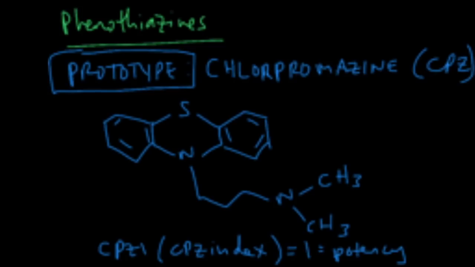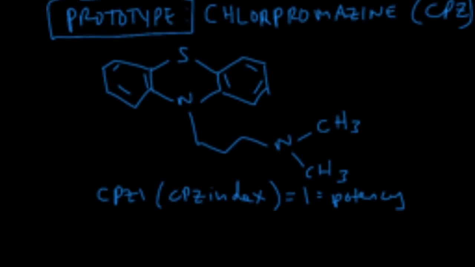So the CPZI, which is the chlorpromazine index, is a measure of relative potency of a drug compared to CPZ. So by default, CPZ, or chlorpromazine, is set at a CPZI of 1. So an agent with a CPZI of 2 is more potent or less potent than CPZ?